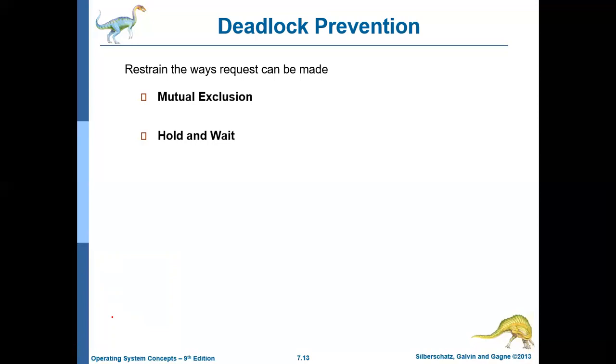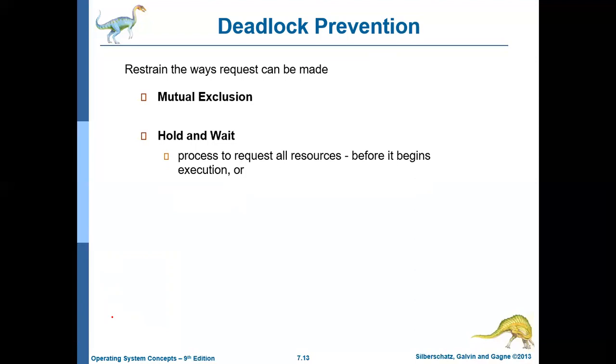Now, how can hold and wait be avoided? It can be avoided by following one particular approach. That is, the process should request all the resources it wants before the execution begins.